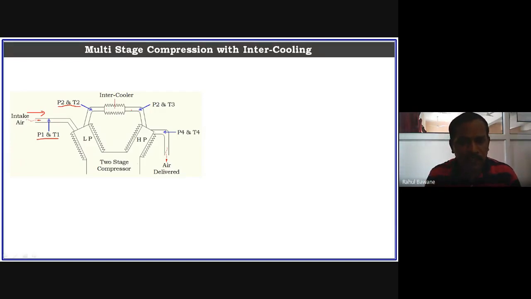So the temperature reduces, that means the air contracted. Now the density of air is more, pressure wise P2, temperature wise T3. So the outlet of the intercooler is P2, T3. T3 is obviously lesser than T2, so your expanded compressed air shrinks, contracts.